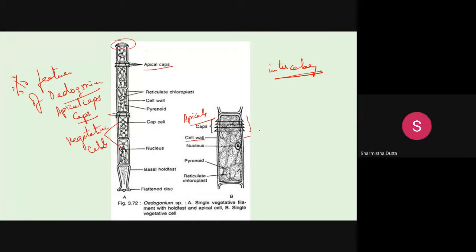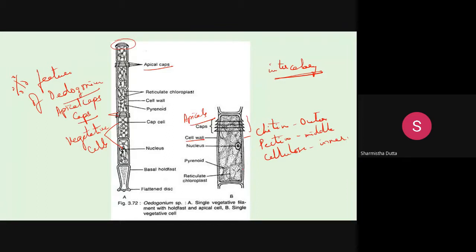Yes, outer chitin, middle pectin, and inner cellulose. Very good. So it is outer chitin, middle pectin, and inner is cellulose. So it is 3 layers.